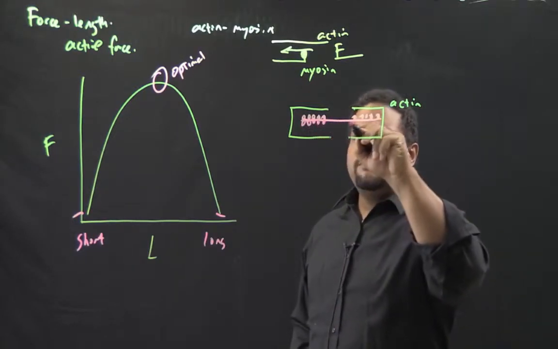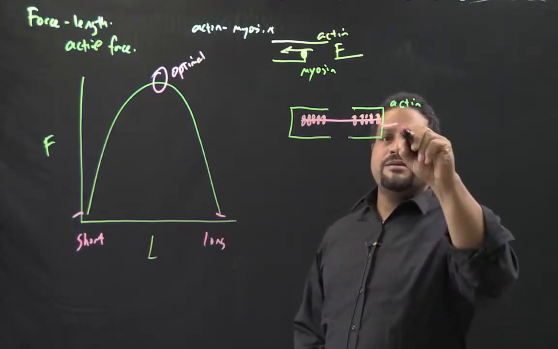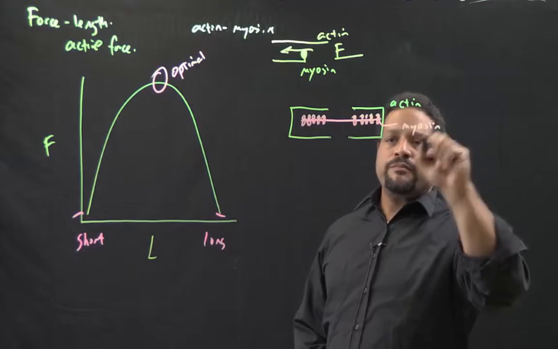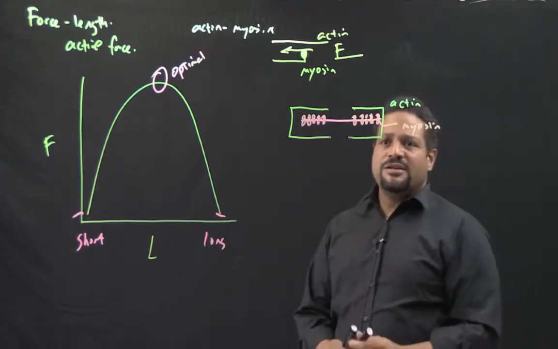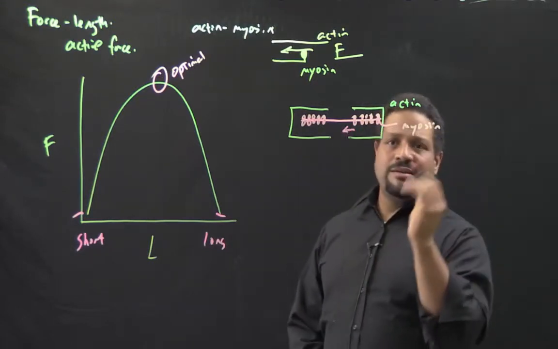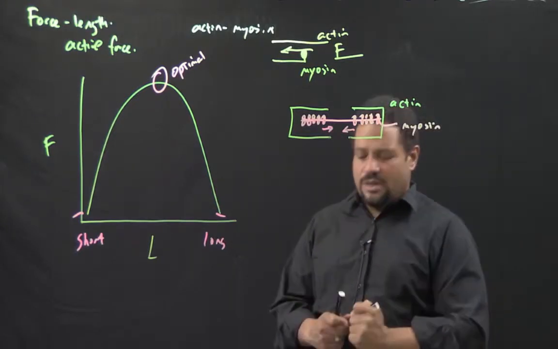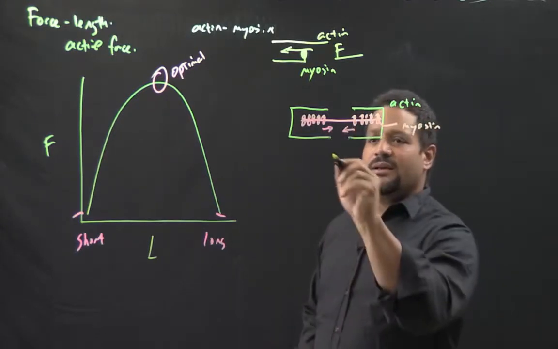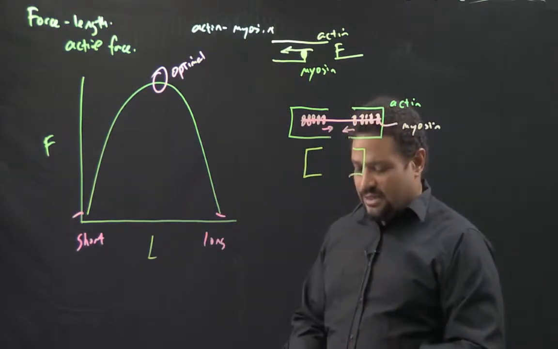So I'll just draw them on either side here. So this is your myosin. The myosin will interact with the actin, generating a force. The myosin on this side will pull the actin here. Myosin on that side will pull the actin in that direction, and you'll get a shortening of your sarcomere with the myosin in the middle.